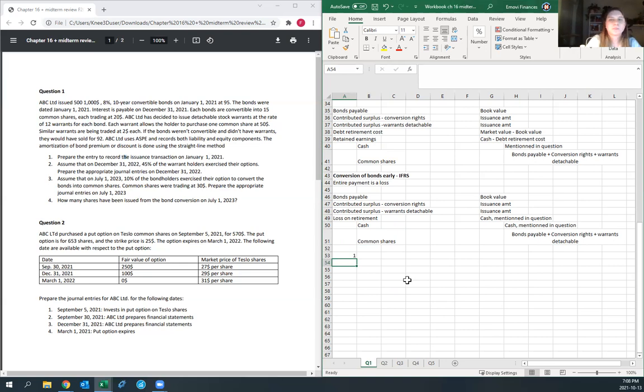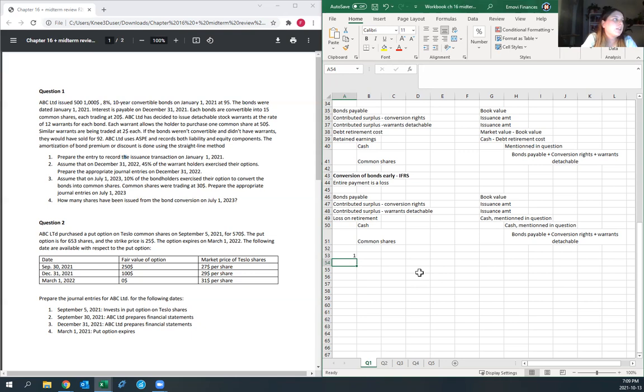All right, so ABC Limited issued $501,000, 8% 10-year convertible bonds on January 1st, 2021 at 95. The bonds were dated January 1st, 2021. Interest is payable on December 31st, 2021. Each bond is convertible into 15 common shares, each trading at $20.